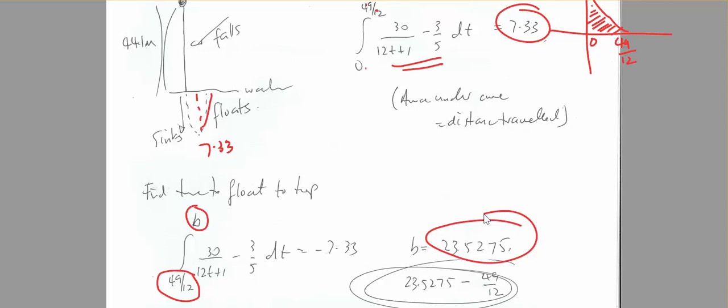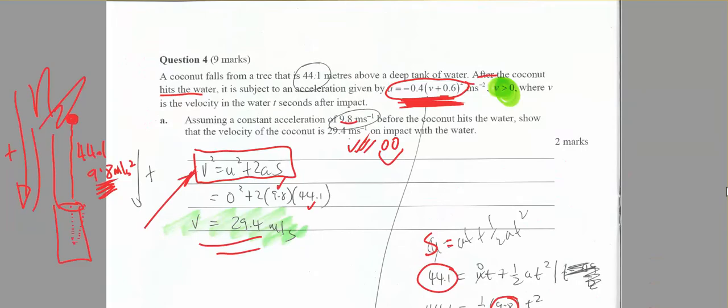Now, why did I make it equal to negative? Well, I'm saying everything going down is positive, therefore when it rises I'm going to have a distance of negative 7.33, remembering that my curve is now going to be below, and I'm wanting that area to be negative 7.33, because when it's negative 7.33, the coconut will have risen back to the water surface.